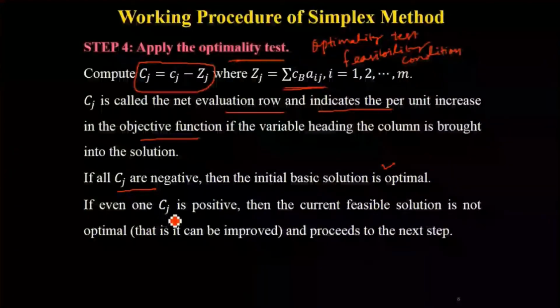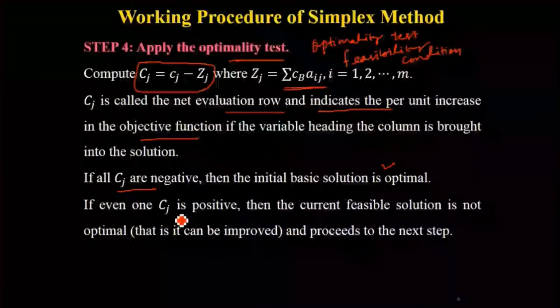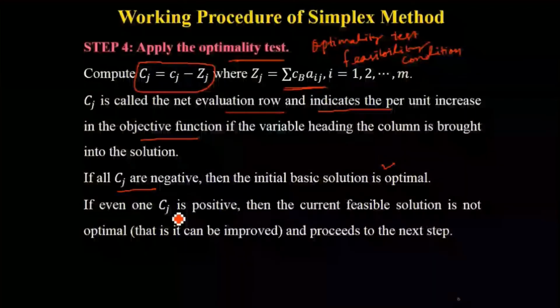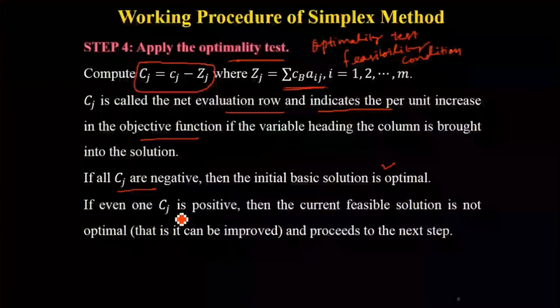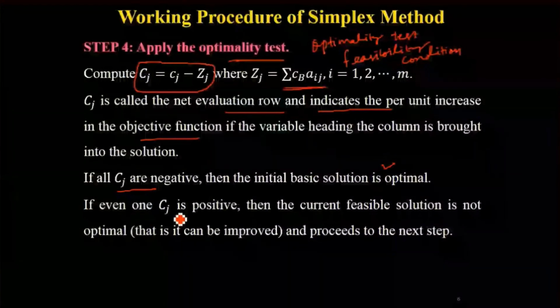If even one Cj is positive, what to do? If there are a number of positive values for Cj, or at least one positive value, we have to go with the positive value to find the next best point.